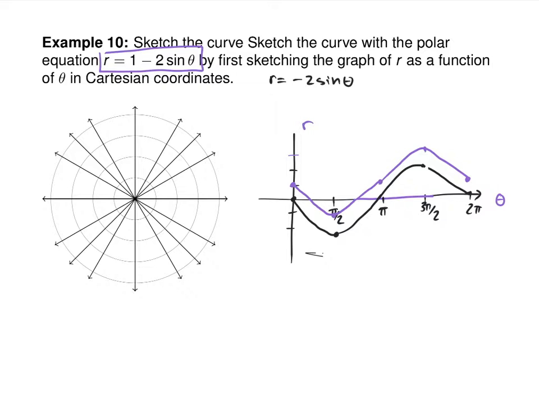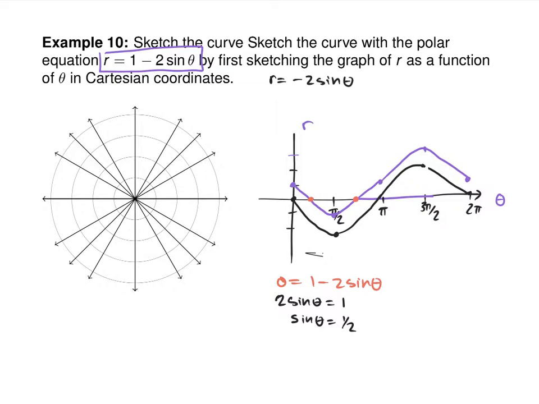It probably would also be useful to know what those points are. That's where the radius is going to be 0. How would you find those? Solving 0 equals 1 minus 2 sine theta. So 2 sine theta is 1, or sine theta is a half.